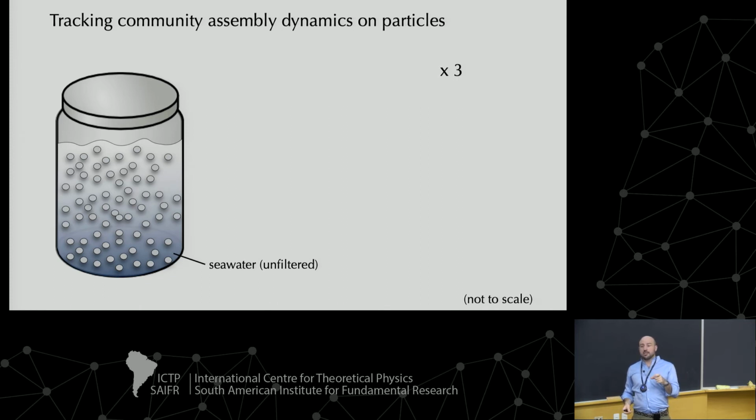And one of the advantages, so what's happening here is that this is seawater, okay? And we drop in 1 million particles per liter. So now every particle is being colonized, presumably at some rate. And then we sample about 1,000. So the data we get is an average of the community composition across 1,000 particles or something like that.